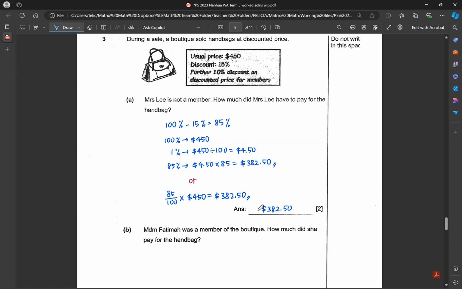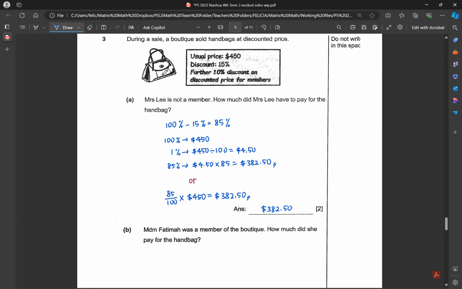But because Madam Fatima is a member, she gets to enjoy another further 10% discount on this discounted price. When I say discounted price, I'm talking about this $382.50, your already discounted price from previously.